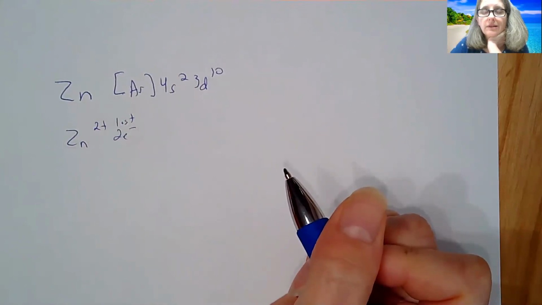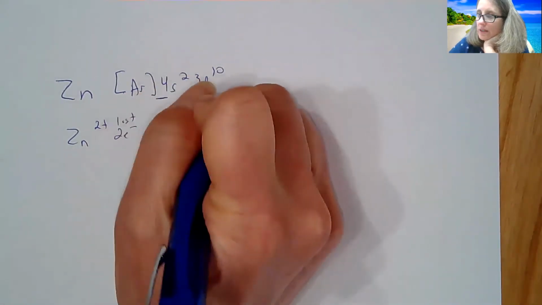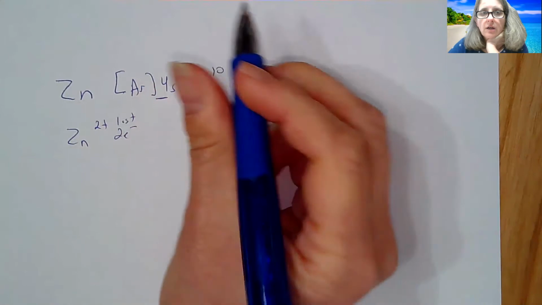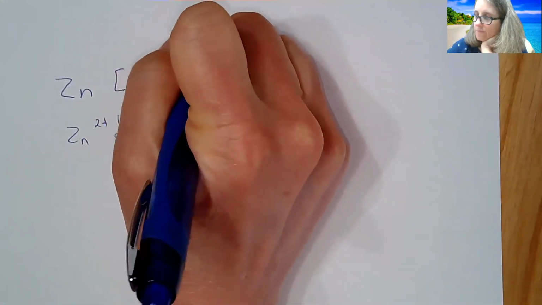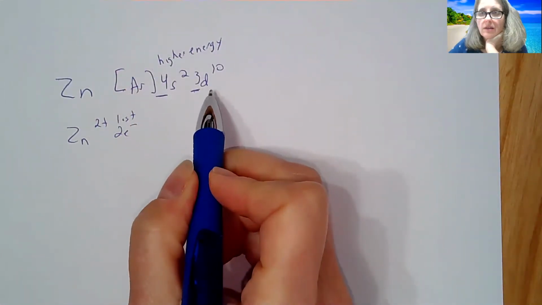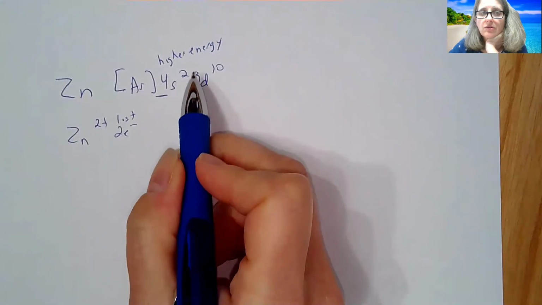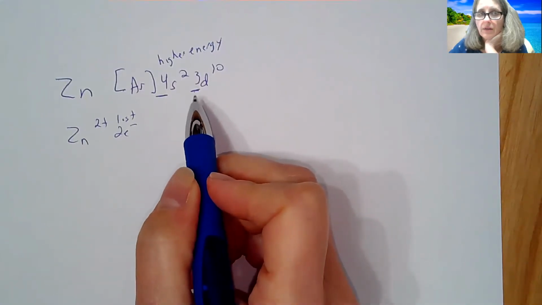Well, it's going to lose its electrons from its highest energy state. So even though we fill it in a different way, a 4 is a bigger number than 3. So that means this is a higher energy. Those electrons in the 4s orbital are a higher energy state than the 3d. So that means the electrons are going to be lost from the 4s before they start coming out of the 3d.